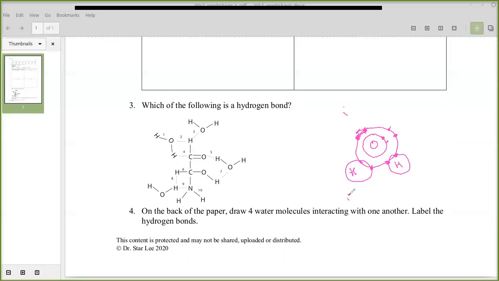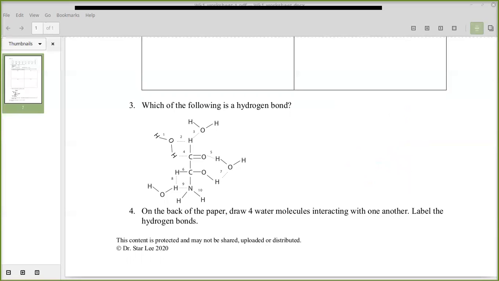Okay. There's an interaction that could occur through here, right? So that's 1. There's another interaction that could occur through here, right? So that's 2. What about through the oxygen itself? How many interactions do you think you can make? So it can interact this way, okay? So basically you just draw it out as fitting this diagram, and there's tons of different ways you could do it.